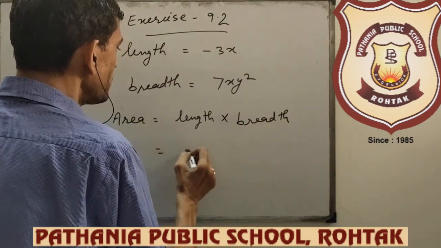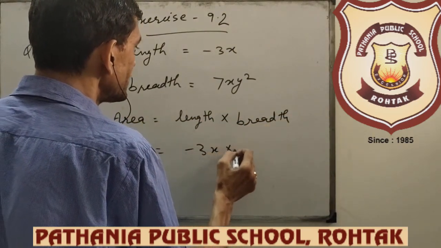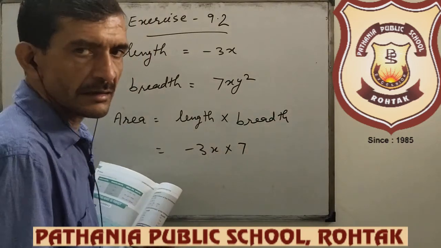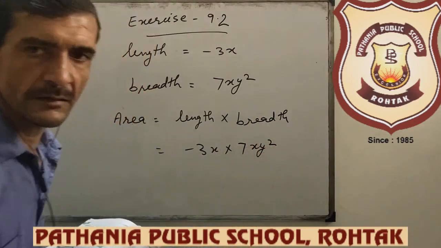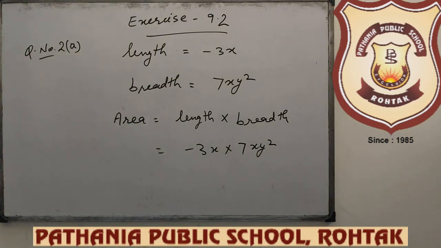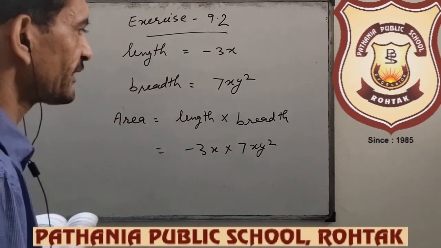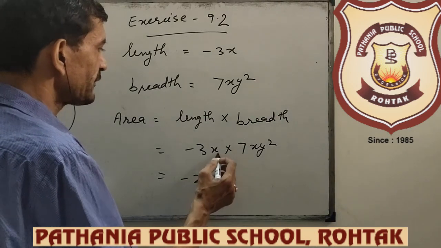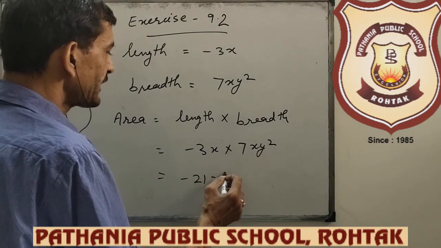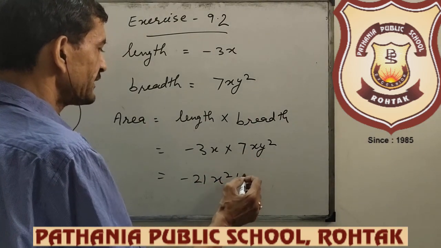That is minus 3x into 7xy square. What is minus 3x into 7xy square? Minus 3 into 7 is minus 21, x into x is x square, and y square as it is.